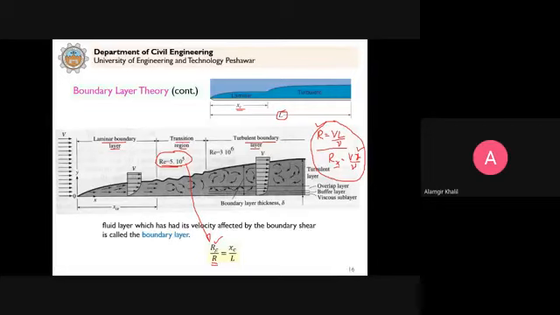So that's why RC by R is equal to XC by L. Then we can calculate this XC. R is known, L is known, RC is 500,000. We can calculate the distance at which the boundary layer will change from laminar to transition or turbulent. Clear?